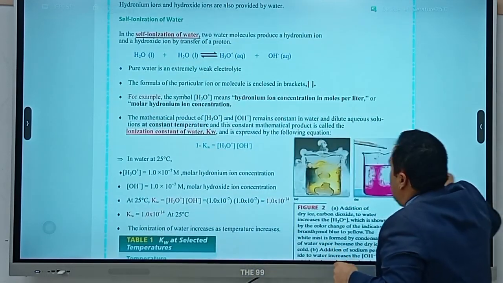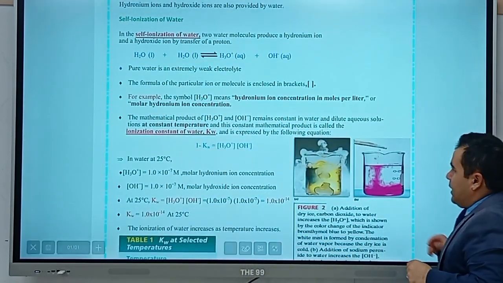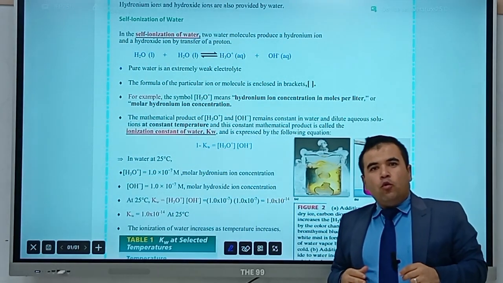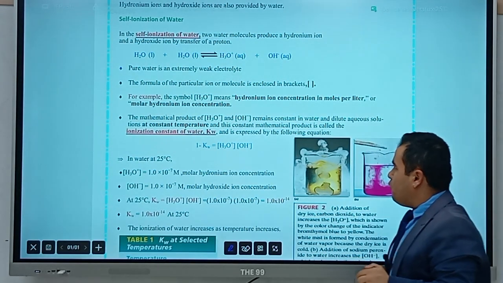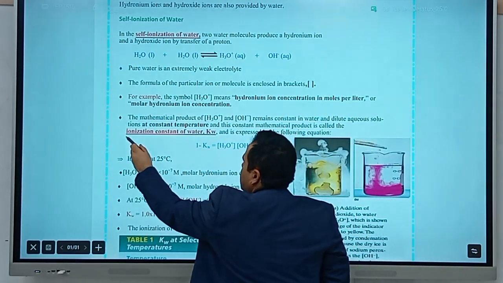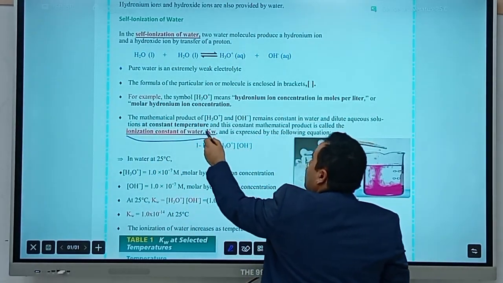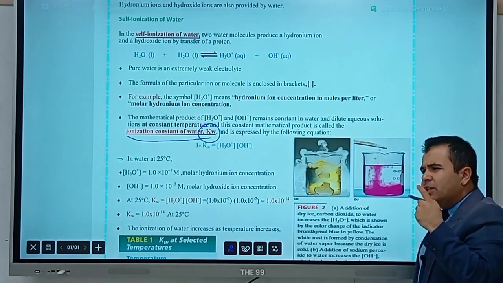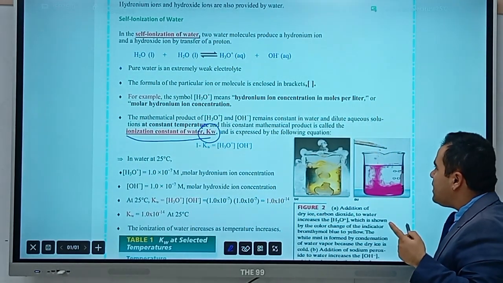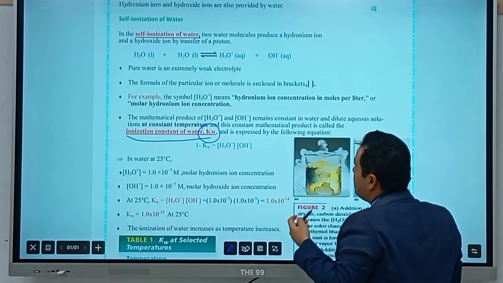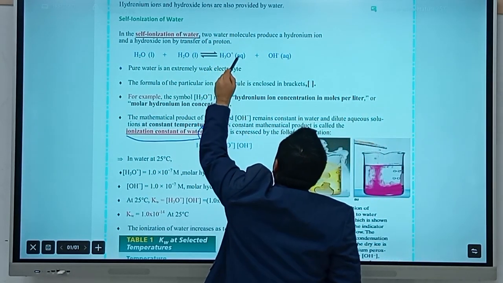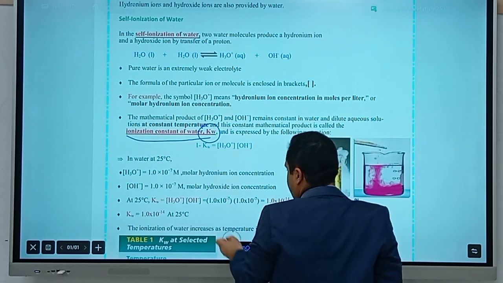Okay, guys, we have another term we call the ionization constant of water, which is represented by Kw. Guys, what does the Kw represent? In a water solution we always have an amount of hydronium and hydroxide.